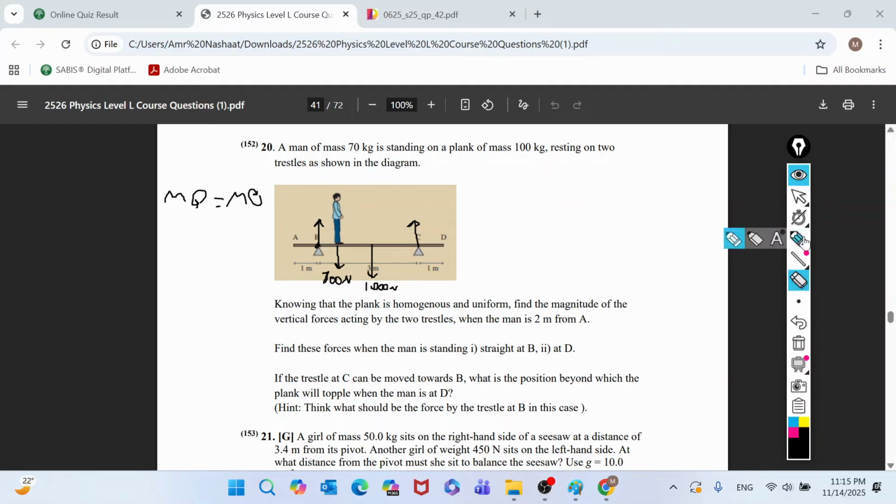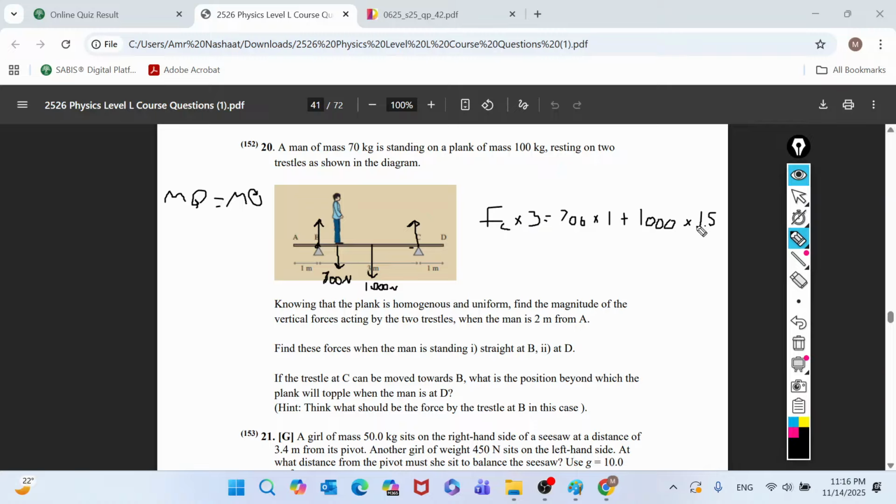Okay, guys, so the force of C times the perpendicular distance, because we want the total moment, which is 3, equals 700 times 1, because that's the distance between the man and B, plus the force of the weight of the plank, which is 1000, times the distance here, 1.5.